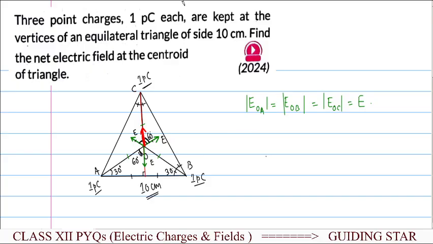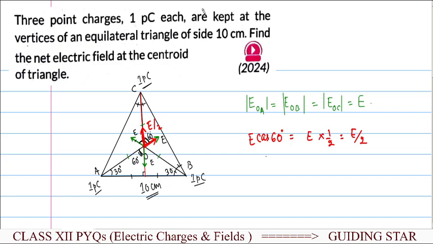Clear? So here we can resolve the electric field into its components. The component of this particular field in the vertical direction will be equal to E cos 60 degree. So E into cos 60, which is 1 by 2, will be equal to E upon 2. Similarly, the electric field due to this other positive charge will have its component along the vertical direction, the same E by 2.